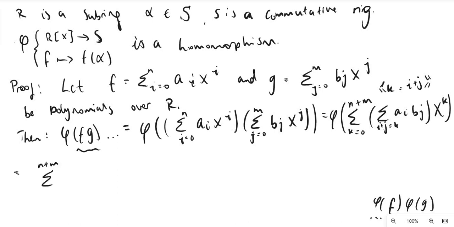Next, I can also write it like this, k is 0, and I can take it outside, and now the most important part is to apply my fixed element alpha.